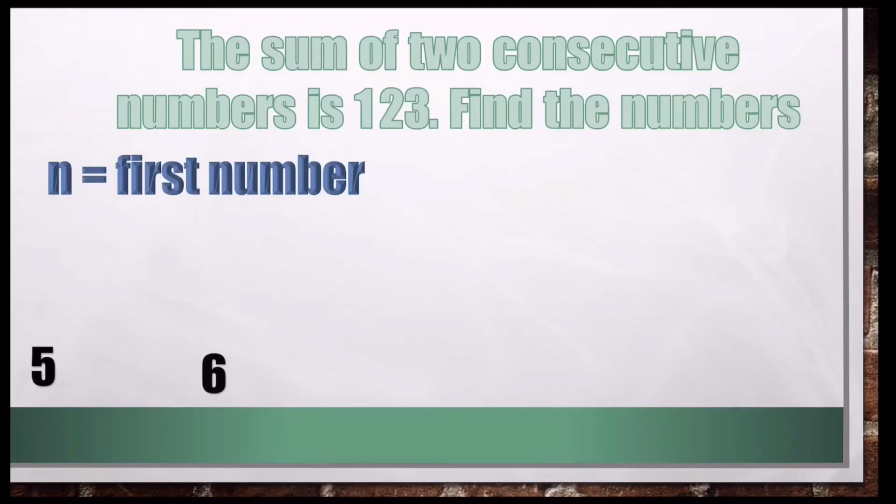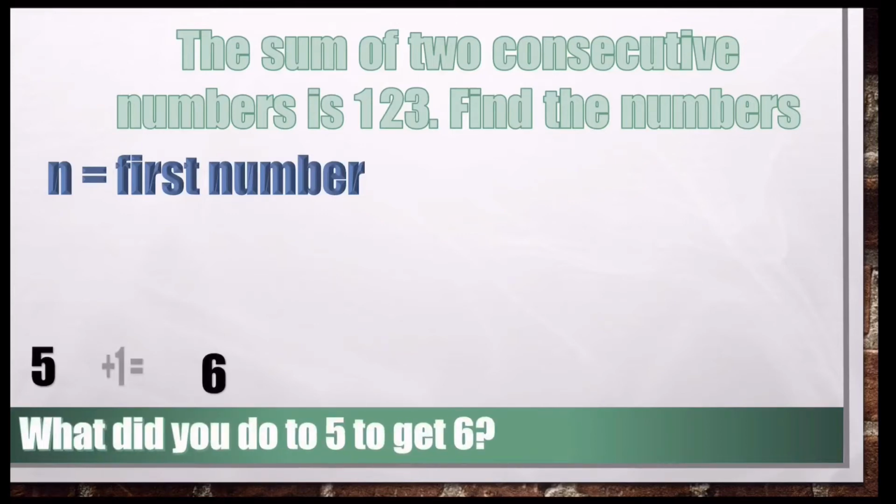Well, think, how did I get 6? I did 5 plus 1. Remember, 5 in this example was our first number. So if our first number is n, what do I do to get to the next number? I add 1. So that now is what my second number is.